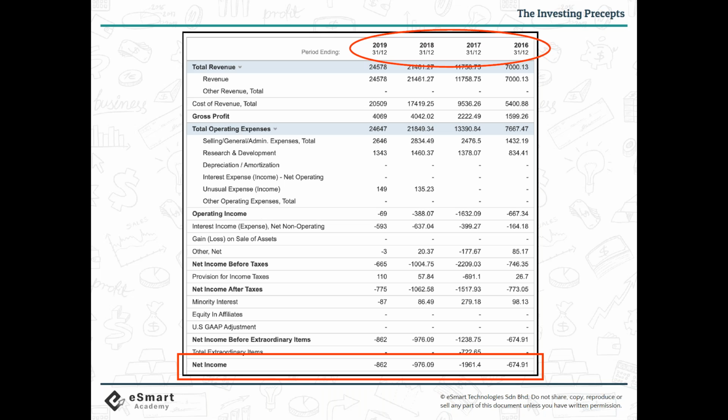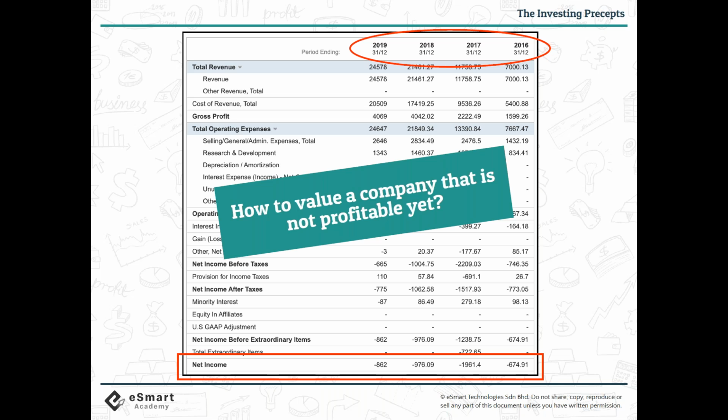That's perhaps the reason why Warren Buffett is not investing in it. But you can't deny the fact that the price of Tesla has been shooting all the way up. So how do you value a company that's not profitable? There's no way. That is the disadvantage, or the shortcoming, of valuation models.